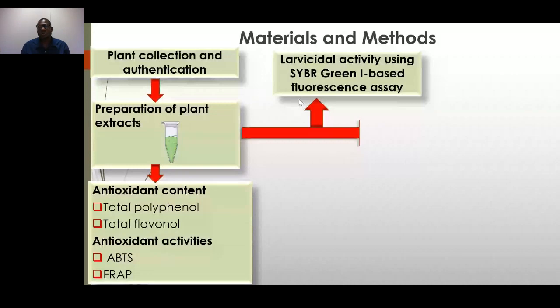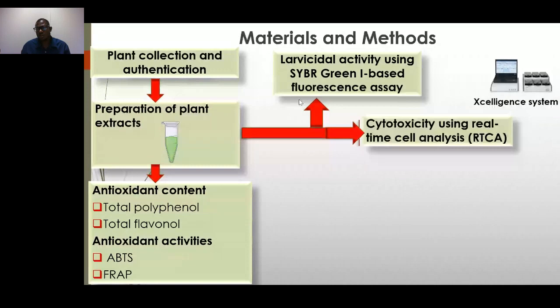The Plasmodium pisciparum was maintained in 5% red blood cells in RPMI medium, in a gaseous environment of 5% CO2, 5% oxygen, and 90% nitrogen. We carried out the tests at 2 concentrations, 10 microgram per mil and 20 microgram per mil.